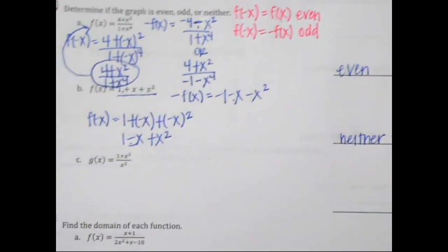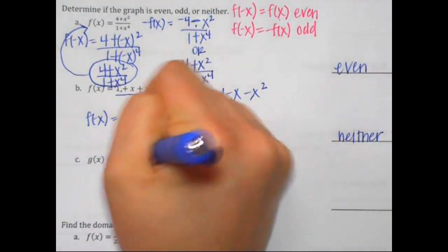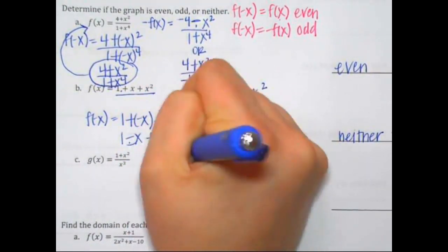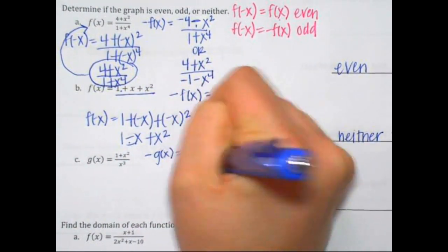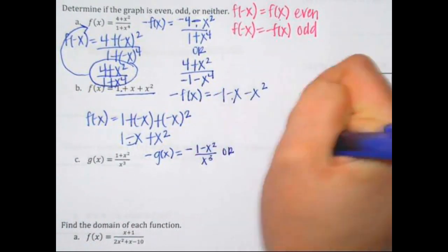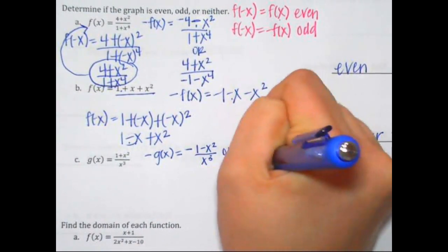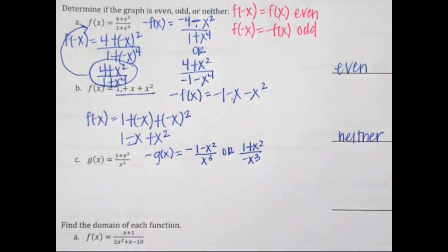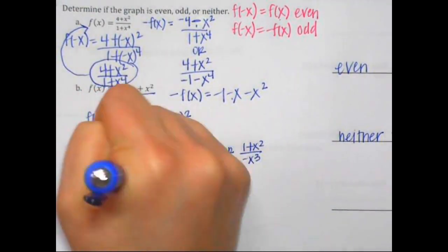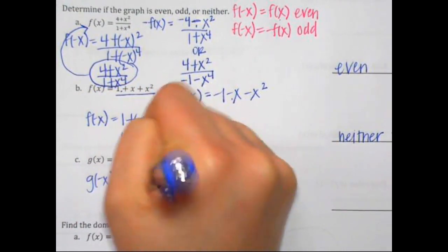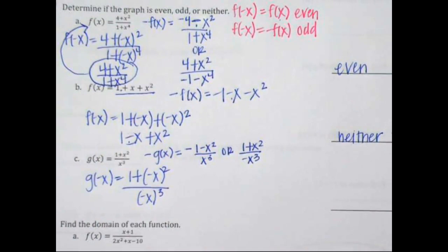Okay, and then for C, start the same. Again, you can write out negative g of x. It can either be on top, so negative 1 minus x squared over x cubed, or it can be on bottom, so 1 plus x squared over negative x cubed. When we plug in negative x, we plug it into our equation, so negative x squared all over negative x cubed.